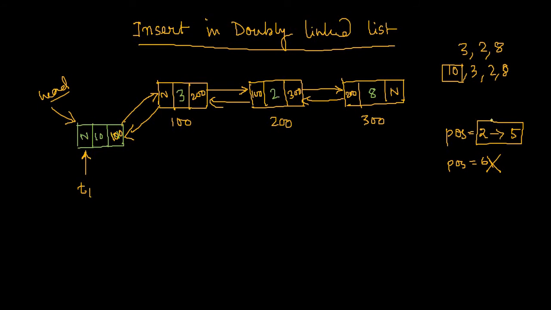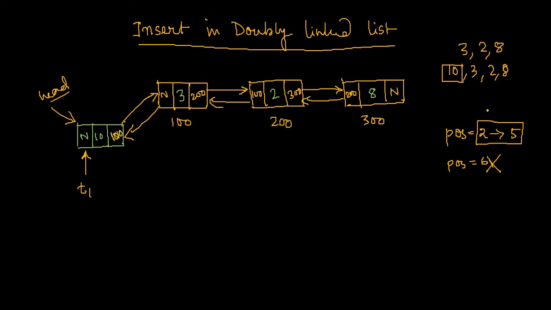Anyway, we have already discussed how you can check whether the position is correct or not in the case of singly linked list, and the logic is basically the same for doubly linked list also. So I don't think discussing the same logic will make any sense in this lecture, so I'm skipping how you find whether the position is correct or not.